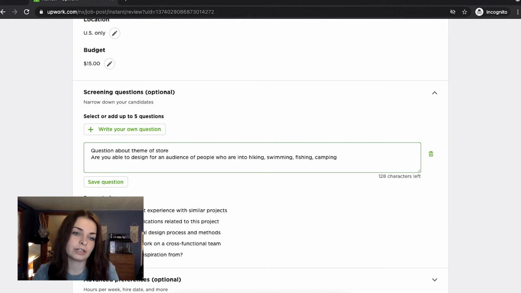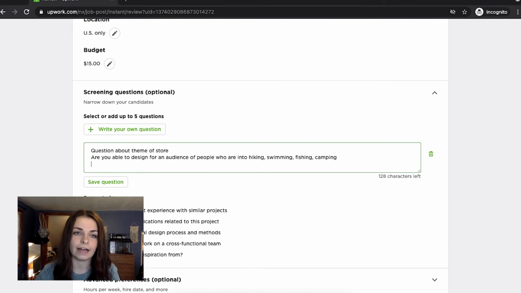So for the third question, I would recommend that you put something just about if they would be capable of matching a specific style of design, because everybody knows what design they're expecting, but when someone is trying to design for your store, they're going to use similar designs and just their own creative experience to make the design.